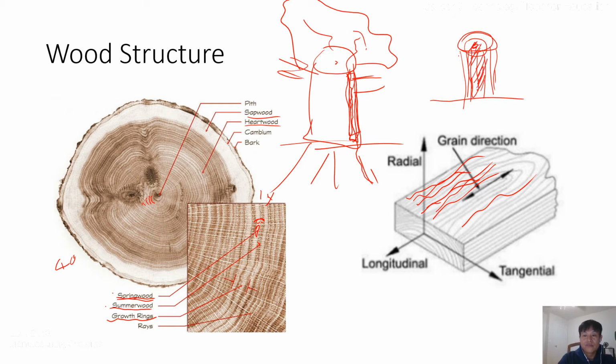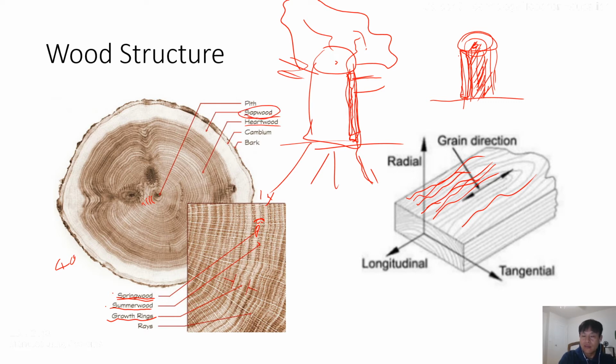The inside area doesn't function. They only function 1 year, and after next year, the tree creates a new structure and then uses only this area. So at the moment we cut the tree, we can find the active area that is sapwood.